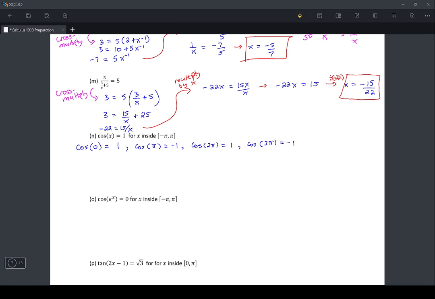At theta is equal to 0, or x is equal to 0 at that angle, the opposite side of a right angle triangle inscribed in a unit circle is going to have a height of 0. The adjacent is going to have a length of 1. Adjacent over hypotenuse, for the unit circle has hypotenuse 1, so adjacent over hypotenuse is 1 over 1, which is 1.